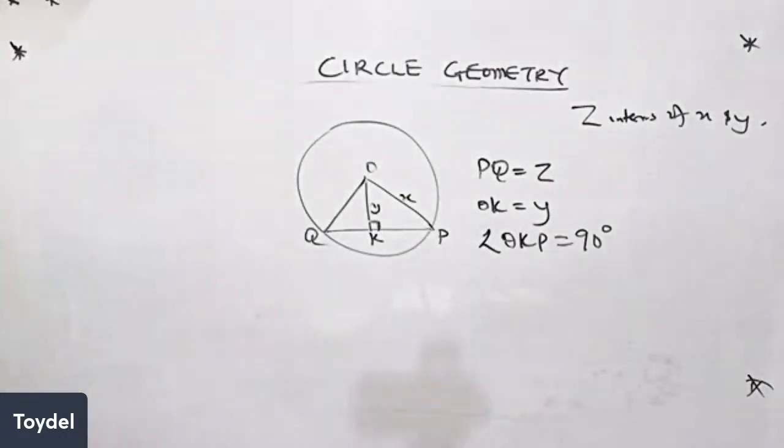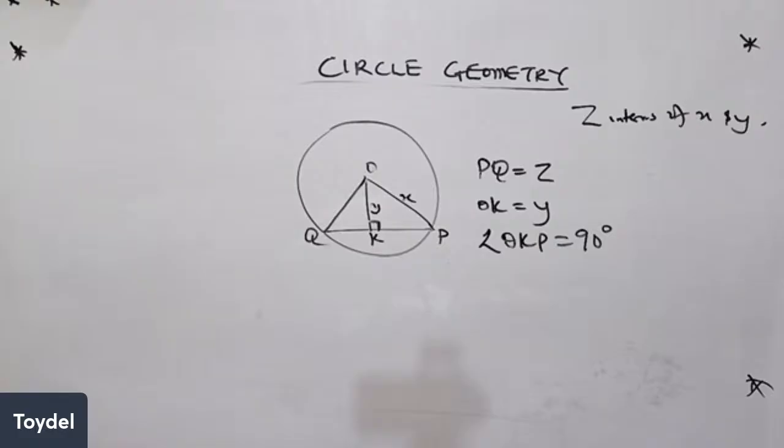We are given the radius as x, and we are given the whole length of the chord as z. So we have to find z in terms of x and y. So what are we expected to do in this particular question? That is the question. So what do you think we can do in this question?